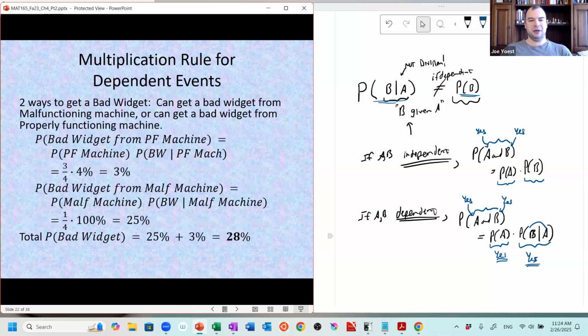Well, there are 2 ways to get a bad widget. We can get a bad widget from a malfunctioning machine or a bad widget from a properly functioning machine.